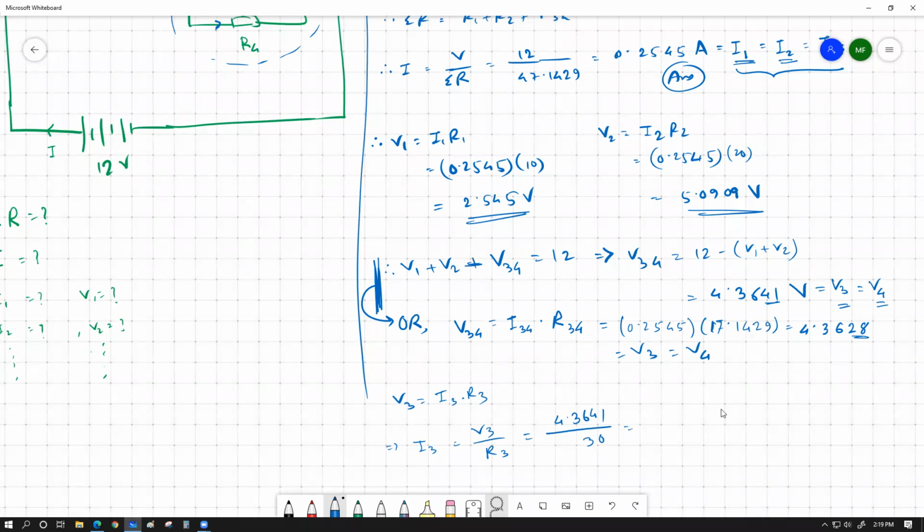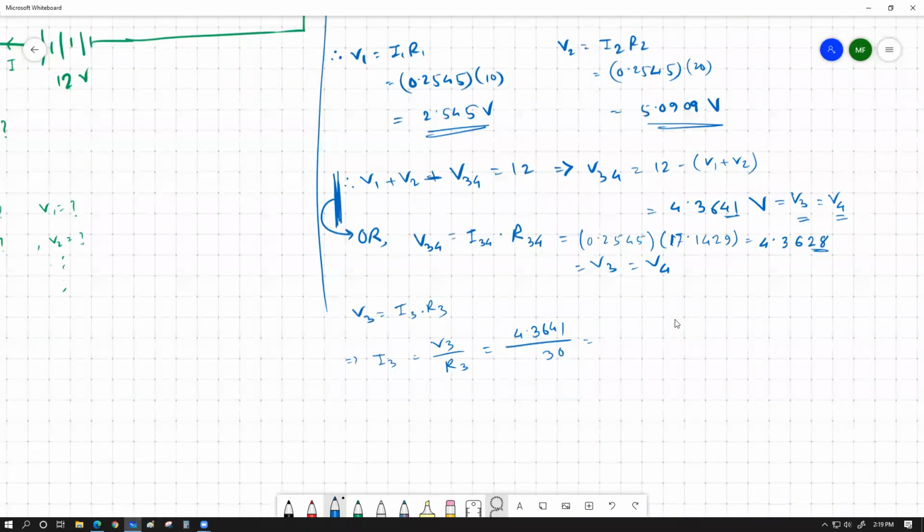In the same manner, I can calculate I4. So I4 would be given by V4 by R4, which would be 4.3641 divided by 40, and we get this number, and that's basically our I4.